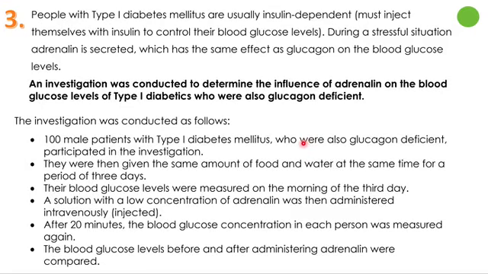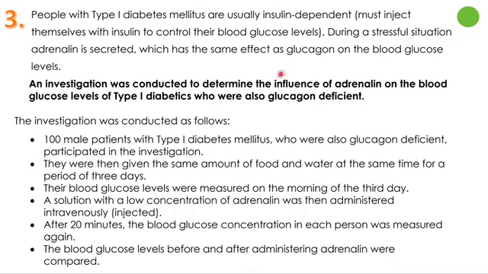During a stressful situation, adrenaline is secreted, which has the same effect as glucagon on the blood glucose level. An investigation was conducted, and this is where you take out your highlighter and you highlight: to determine the influence of adrenaline on the blood glucose levels of type 1 diabetics who were also glucagon deficient.